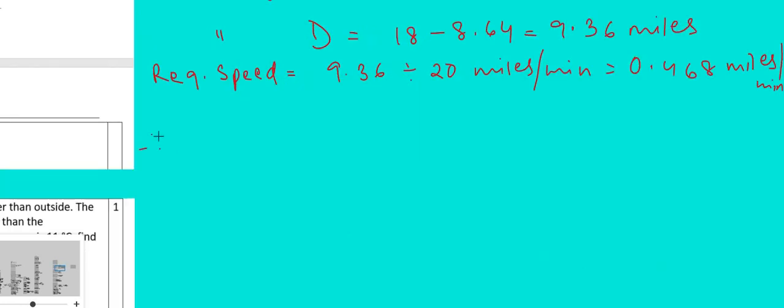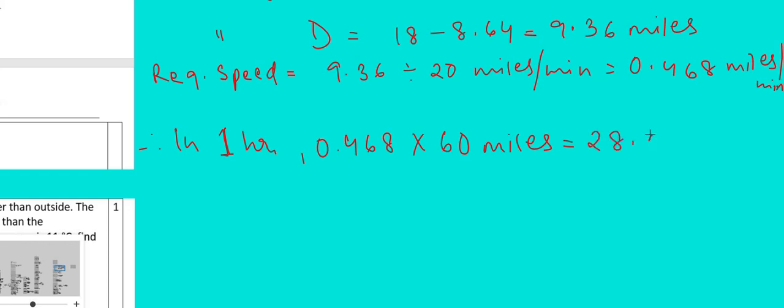For 1 hour, 0.468 into 60 miles will give us 28.08 miles per hour. So this is our answer.